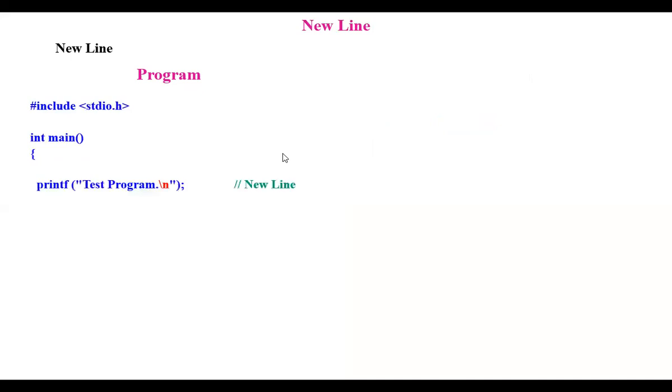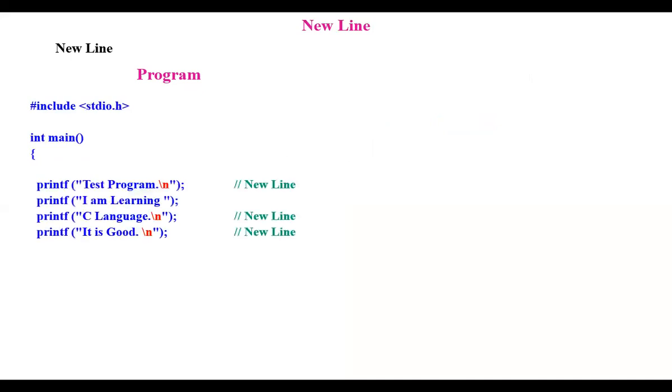Now, another interesting thing. I have taken 4 printf statements in this test program, with a new line introduced. "I am learning," no new line, "C language," new line here. "It is good," another new line. Let us see what happens.